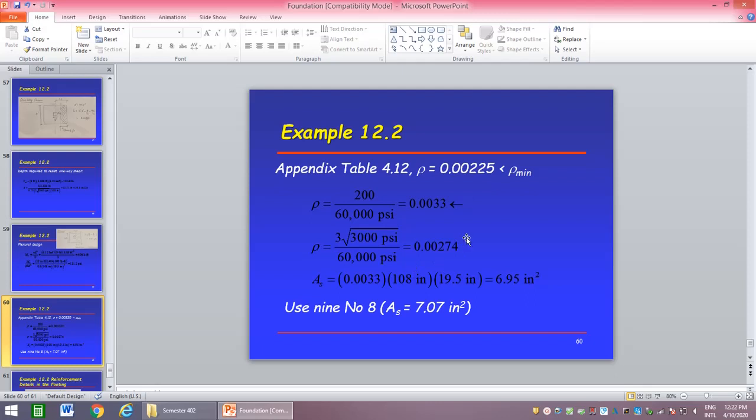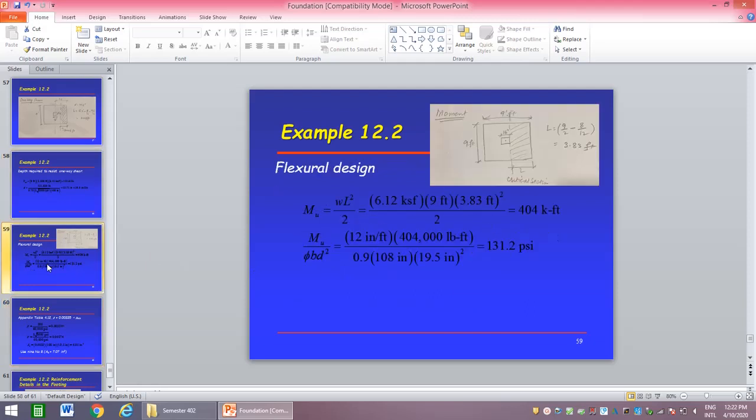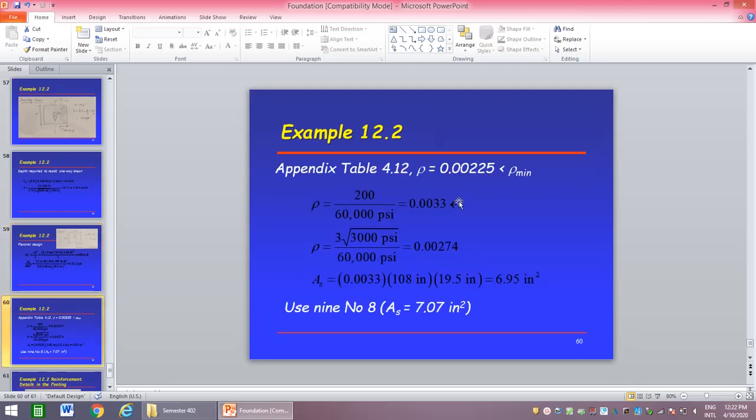So this means here the minimum, I think from the table, the minimum reinforcement is coming 0.003, and this reinforcement from the table comes 0.0025. The minimum reinforcement, there is no need to calculate all this. So we know the minimum reinforcement is 0.003, which is more than this, so you have to provide the minimum reinforcement. So As is equal to 0.003 multiplied by 108 multiplied by d, it is coming 6.95.